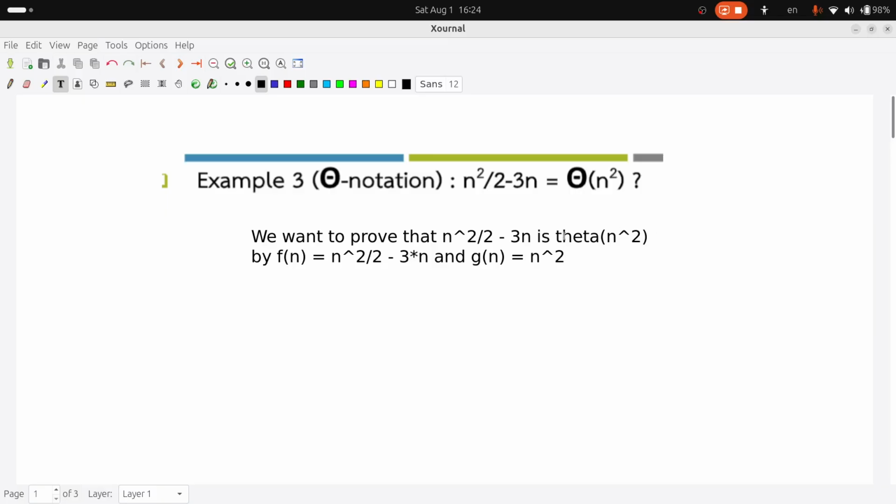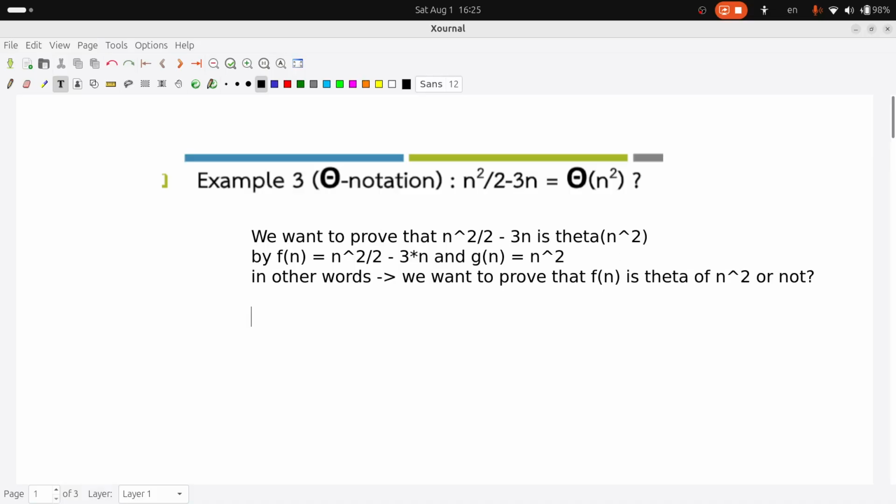In other words, we want to prove that f(n) is theta of n squared or not. And if you know the definition of theta, you can start to prove it.